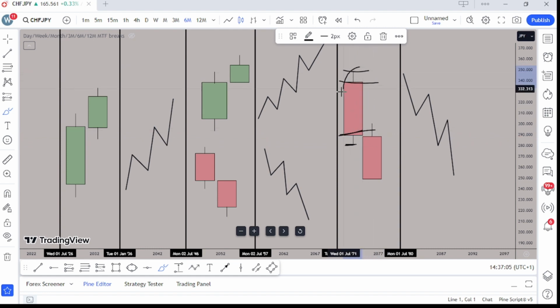So this candle that made this move has done something like this: a low, a high, a lower high, a lower low, a lower high. Then as soon as this contract is over, what happened?